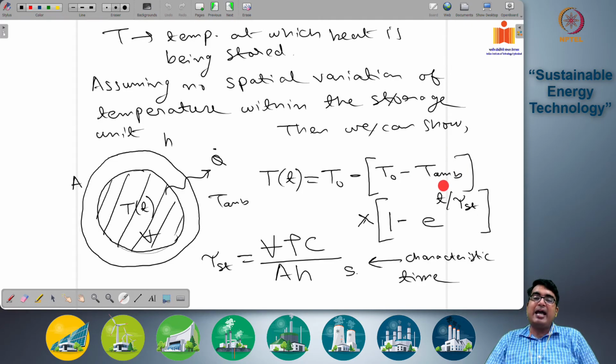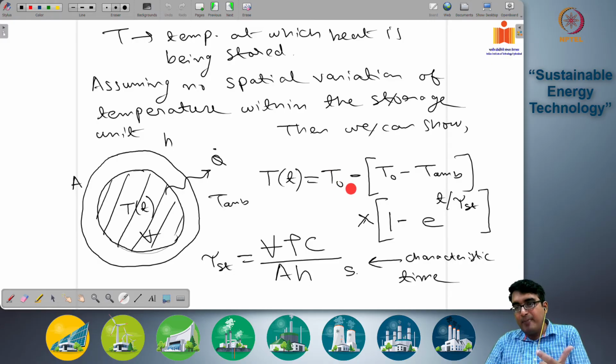T ambient is the ambient temperature, into 1 minus exponential t, which is time, by a characteristic time parameter tau st. So this is the temperature at any given time during the storage process: the initial temperature minus the initial temperature gradient T0 minus T ambient into 1 minus exponential time by the characteristic time, tau storage.